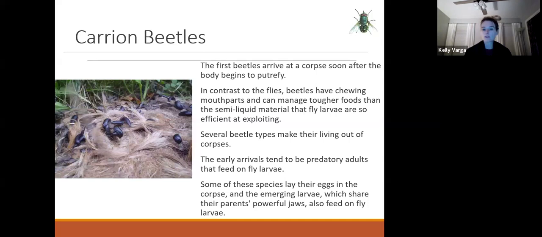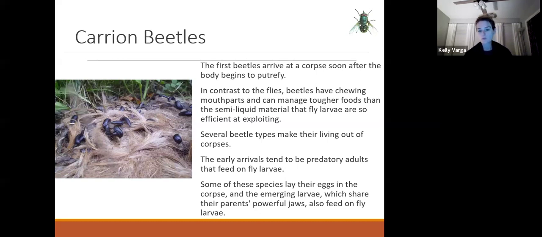Several beetles will make their entire living out of corpses and colonizing them. The earlier arrivals tend to be predatory, and they will not only feed on the corpse, they also will feed on the larva of other flies. So again, this is something we have to take into consideration for PMI. Who's moving in next onto the resource can also disrupt the early colonizers.